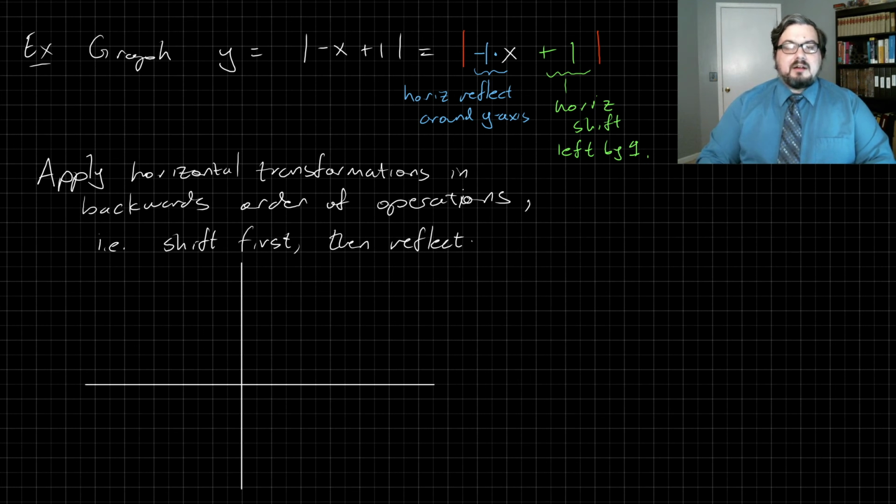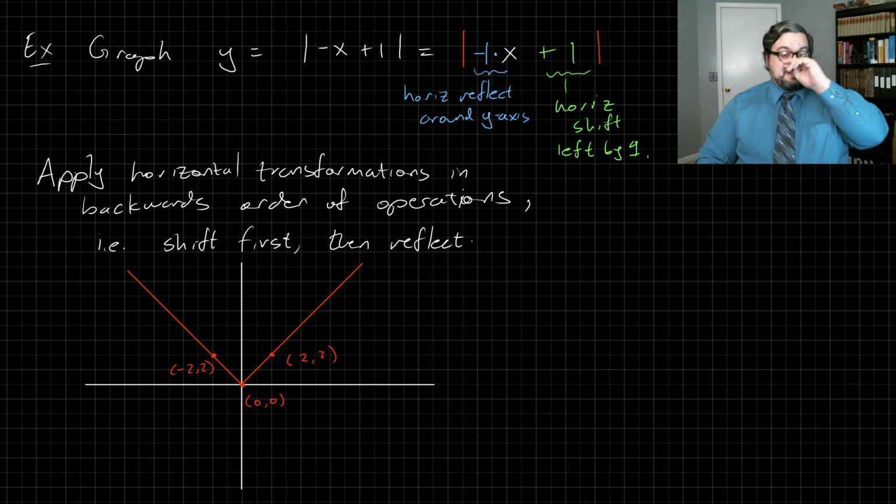Now the graph of just the absolute value of x is one that we are familiar with. It has a V shape like this. I'll go ahead and plot a couple of points because we're going to use that in a moment to check our work.